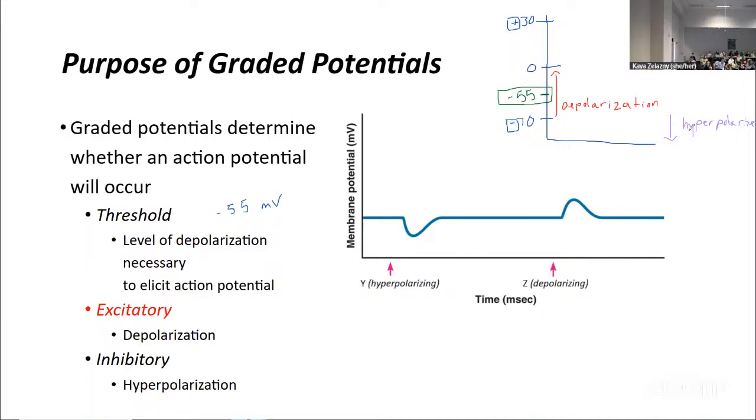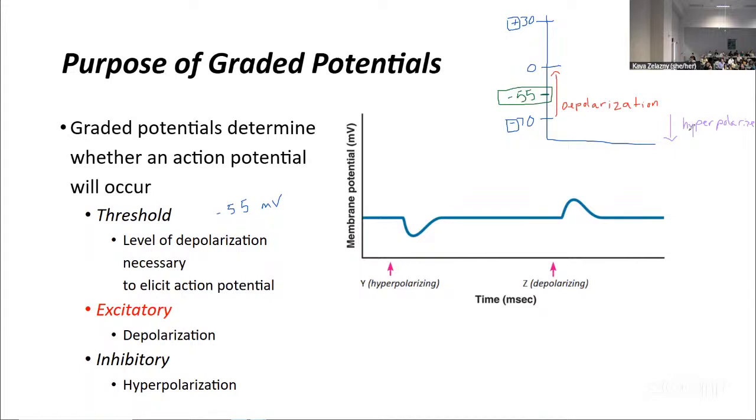So hyperpolarizing down. And if we get down below -70, it's going to be even harder to fire off an action potential, right? If you start to have more potassium flowing out of your cell in response to a stimulus, if you get extra negative, then if you want to fire off an action potential, if you want to send out your neurotransmitters, you're going to need some other stimulus come in that's really big to make up for it.